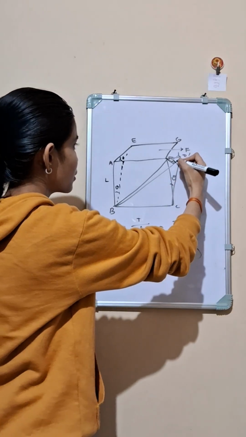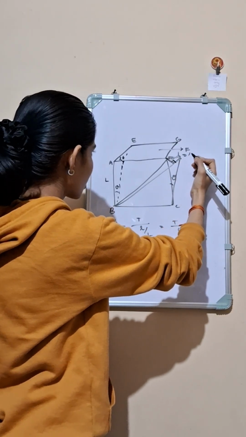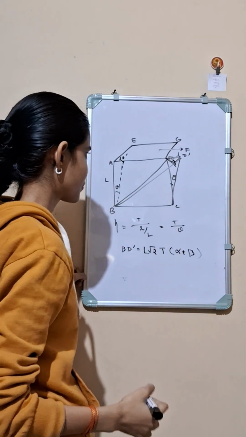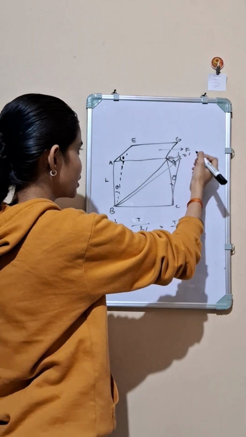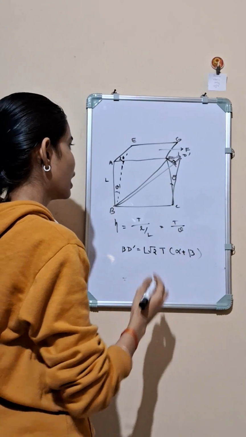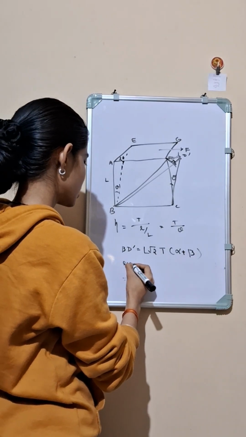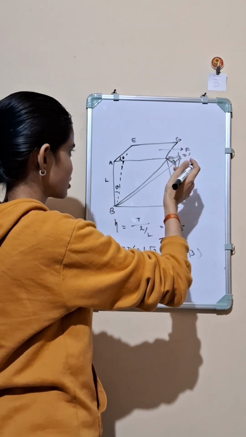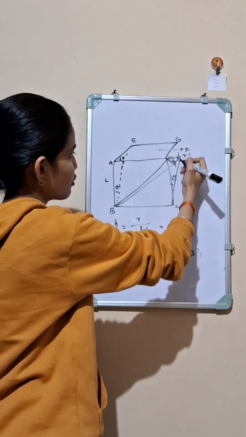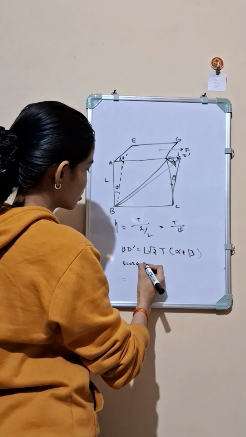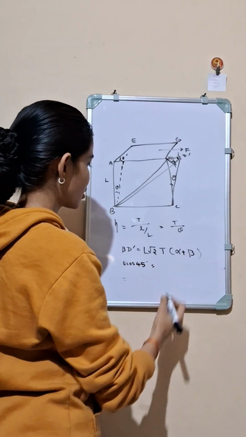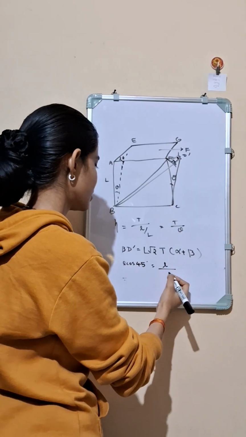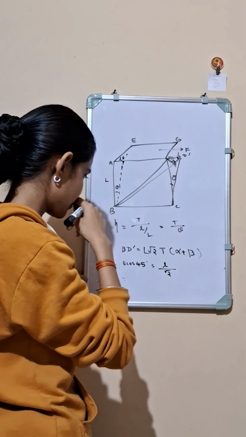So for this increase, let it be point P. This PD dash will be equal to L cos alpha, let us suppose, and here the angle alpha will be equal to 45 degrees, meaning L cos 45 degrees, which will be equal to L by root 2. Cos 45 is 1 by root 2.